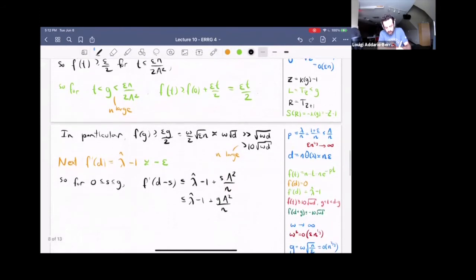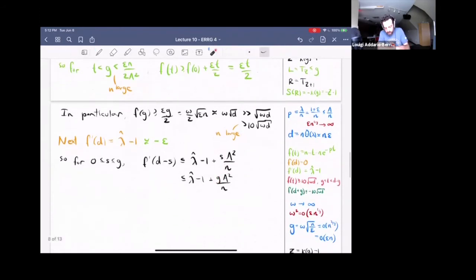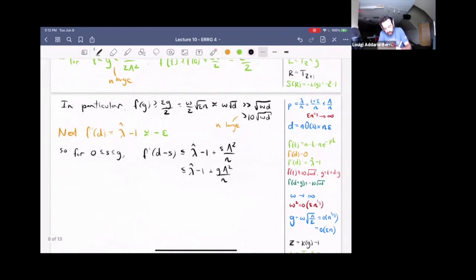And now g is little o of epsilon n, and so g on n is little o of epsilon. So this term is of order epsilon, and this term is little o of epsilon. And so the whole thing is on the order of minus epsilon.